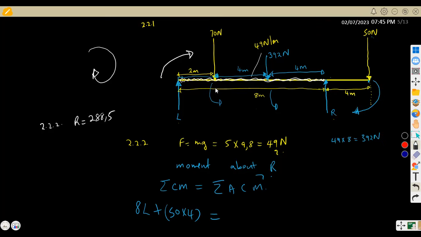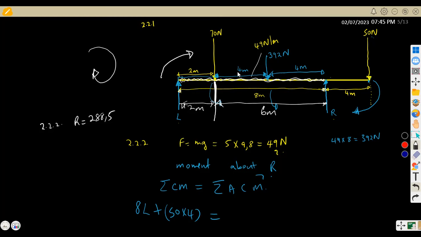We are referring to this point here. It is 2 meters from this point, all right? But the whole of this distance from this point to this point was 8 meters. So the whole of this distance here is going to be 8 minus 2, which is 6 meters.